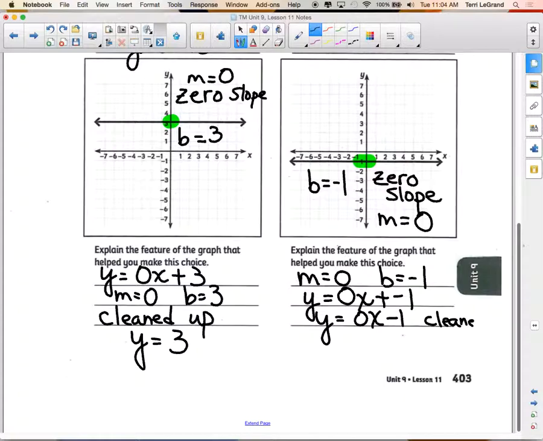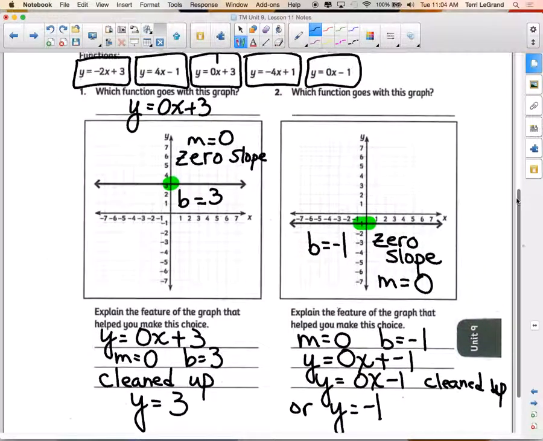But then it can be cleaned up even more. Anybody think they know what the other cleaned up answer would be? Katie? No? Y equals -1. Yeah, it'd be -1.